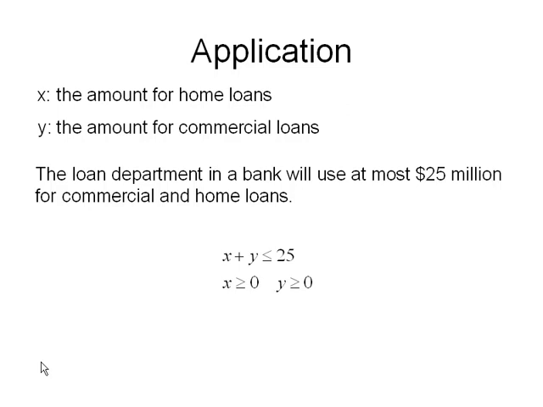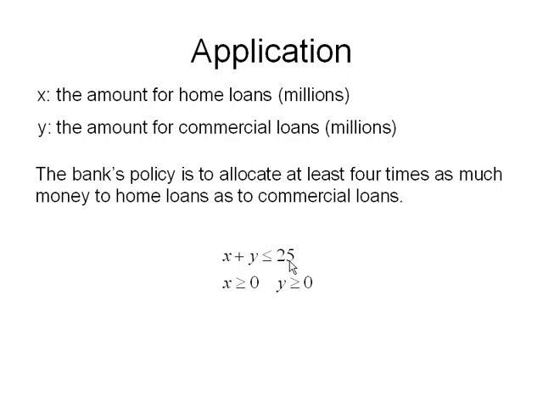So X plus Y is less than or equal to 25, because the total amount loaned has got to be smaller than or equal to 25. Notice I've decided to put my variables in millions, and so I've added that to my description above. I didn't write out the entire 25 million, I just wrote 25 here.